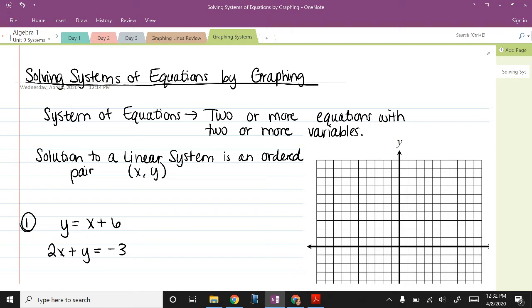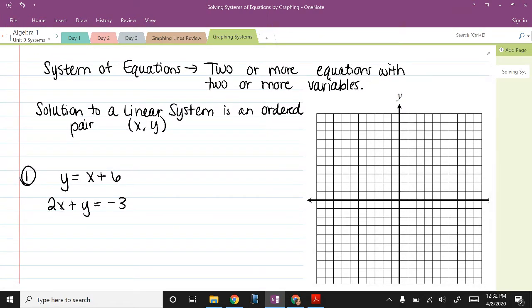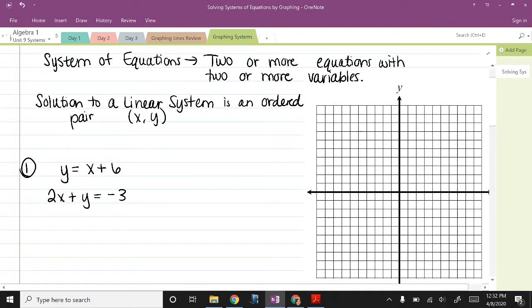So to find a solution to a system of linear equations, today we're simply going to graph the two lines on the same graph, and the place where the two lines intersect, where they meet at a point, that ordered pair will be our solution.